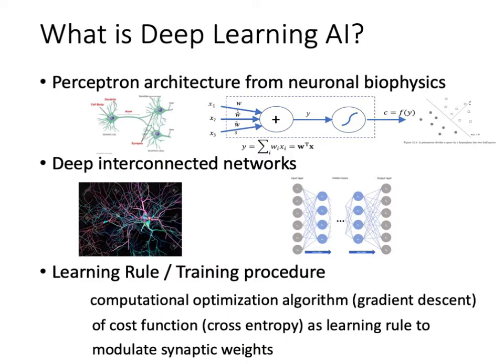First, let us begin by understanding what is a deep neural network AI. A deep neural network AI is a pattern recognition or decision making system which arrives at this decision through the interaction of many basic units called the perceptron.